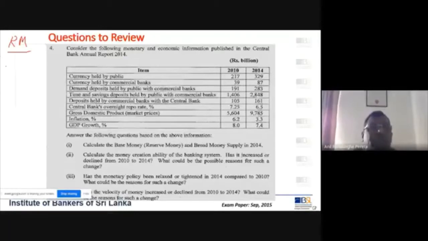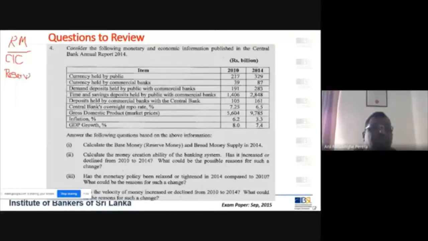So, what do we have there? We have two major components, currency in circulation. The other one is deposits held by commercial banks with the central bank. You can call them reserves. Okay.